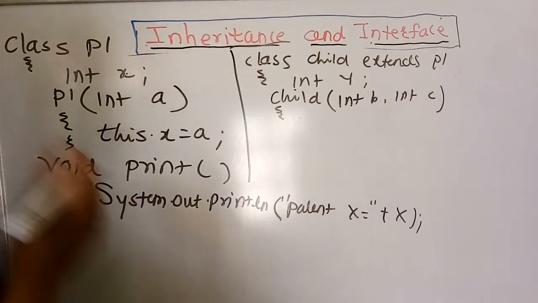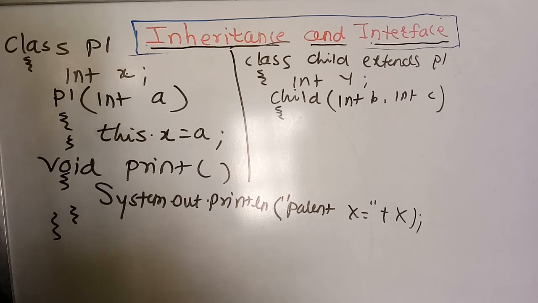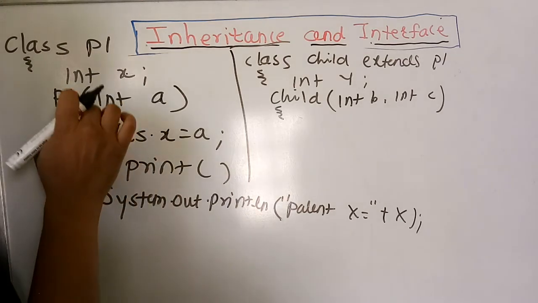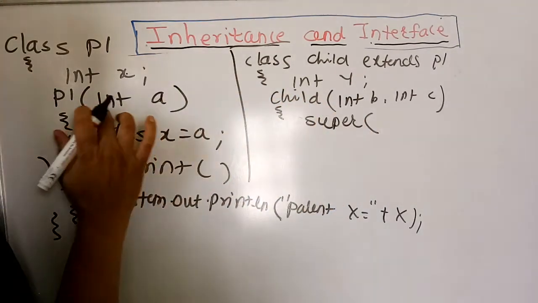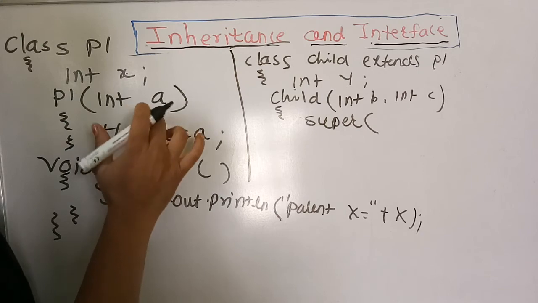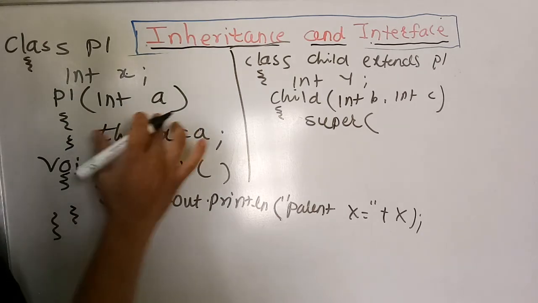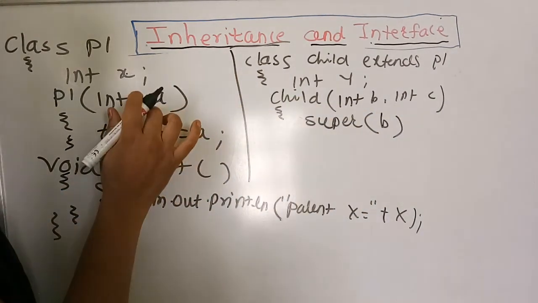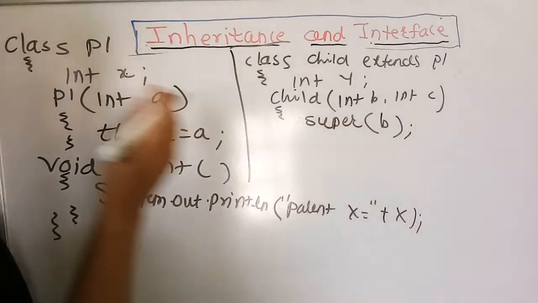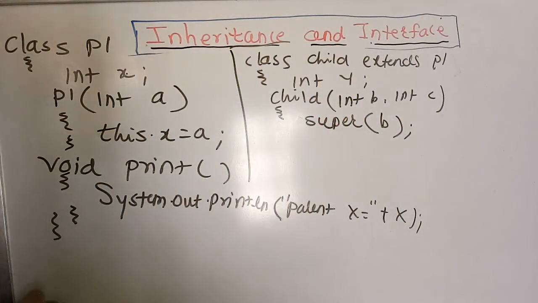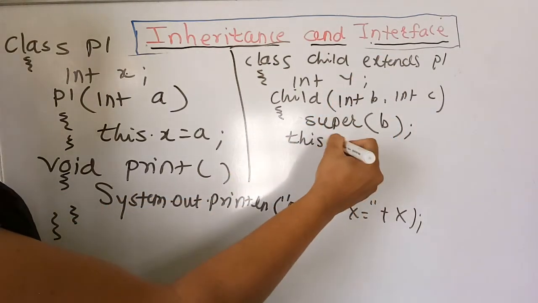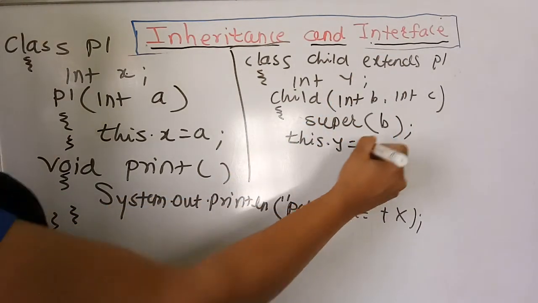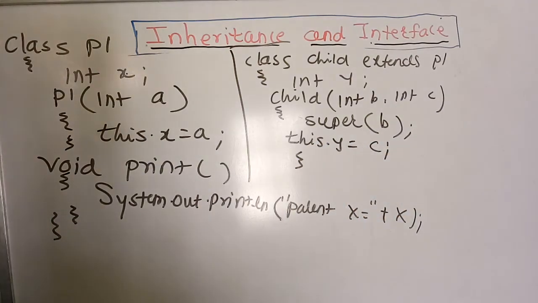Now we all know that for accessing the constructors of the parent class, we have to use the keyword super. We specify the variable name, here b for the a variable. So super(b) means this number is carried to the parent automatically. Now we take the child class variable like this: this.y = c.